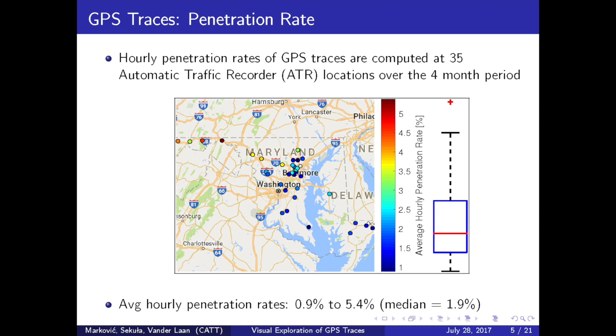By comparing real traffic volumes with those obtained from the GPS traces, we were able to calculate the penetration rate. Here, this box and whisker plot shows the distribution of these penetration rates at the 35 locations, and we found the median value to be just under 2%.